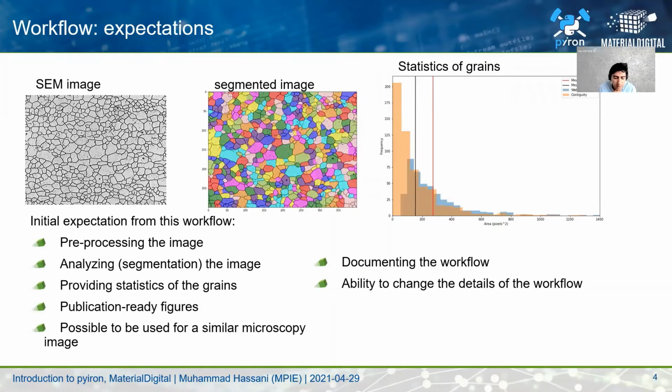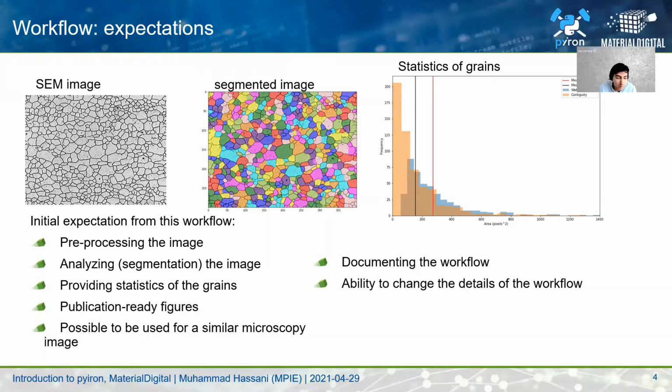The first example is the analysis of an SEM image, where the workflow performs an image segmentation and at the end provides statistics of grains. The initial expectation from the workflow is to pre-process the image, perform the segmentation of the image, and then produce statistics of the grains, and the goal is to get publication-ready figures out of the workflow.